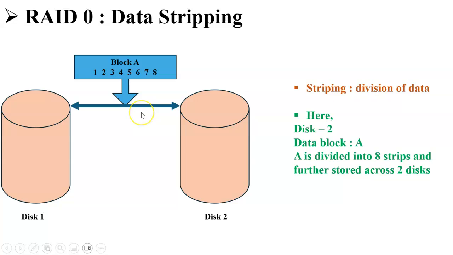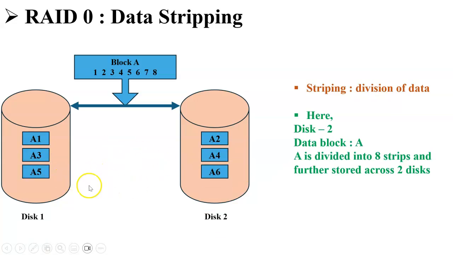Now let us see how these are stored. First, block A1 goes into disk 1, followed by A2 in disk 2, then A3 will go here, then A4, A5, A6, A7, A8. Likewise, the data is distributed and stored across all these disks.